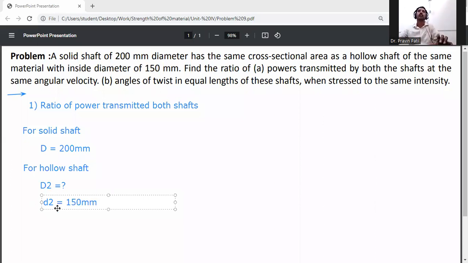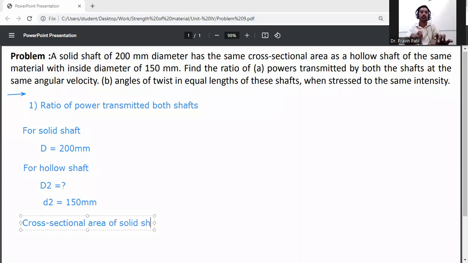But the cross-sectional area of both the hollow shaft and the solid shaft is equal. Cross-sectional area of solid shaft equal to hollow shaft.